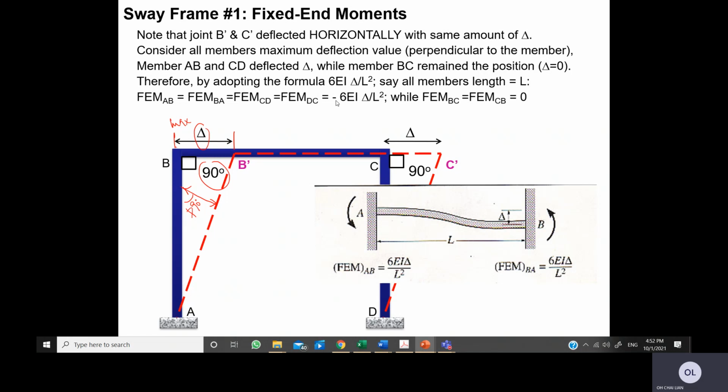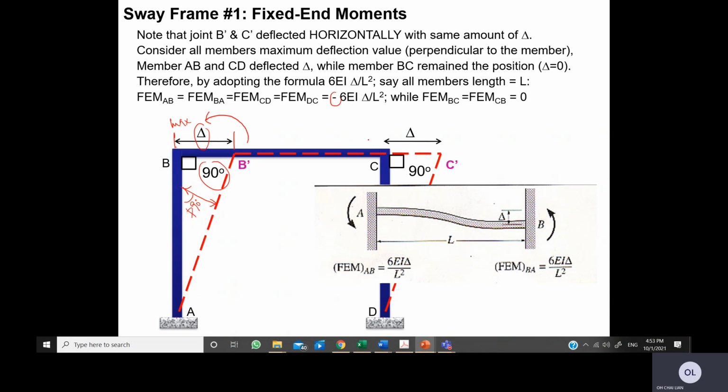But why is it negative? Because I want to make it back to the original, so my moment will be in this direction. Remember in the moment distribution method, counterclockwise is negative.